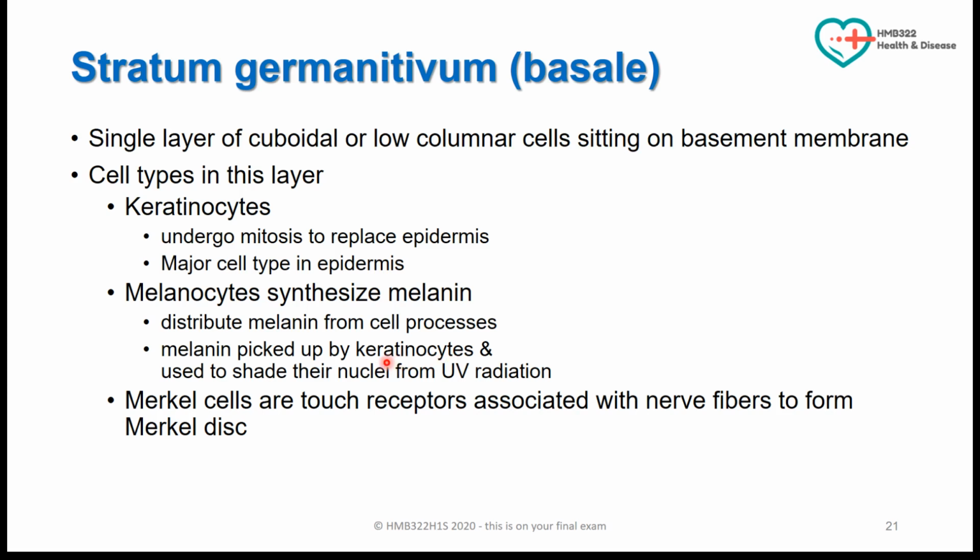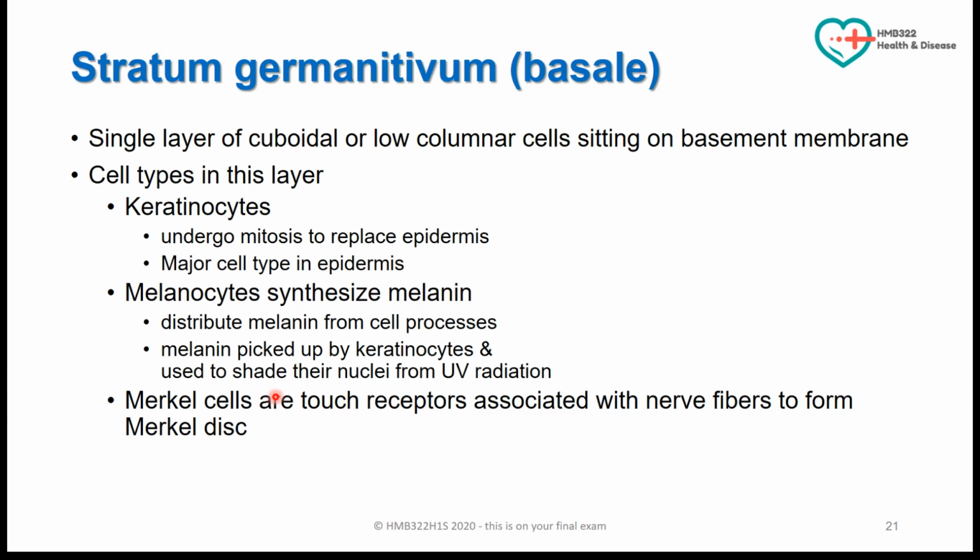And we think this melanin is really important because it helps to shade the nuclei from UV radiation. And if any of the skin cells are not appropriately shaded by this melanin and their nuclei are in direct contact with UV radiation, they can develop a number of mutations, and we'll talk about those today.